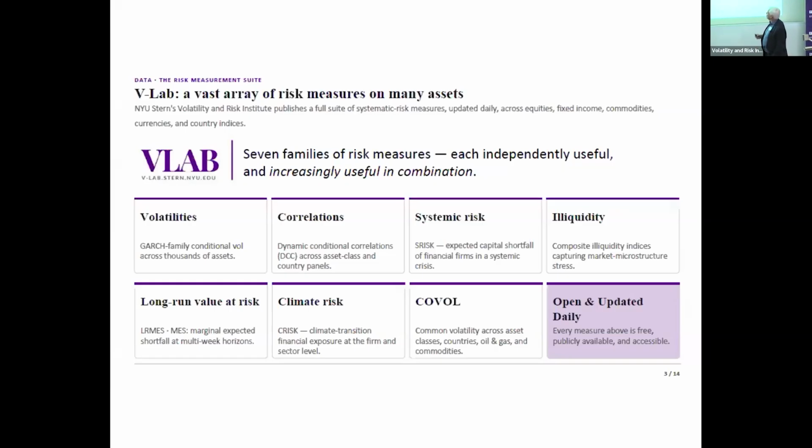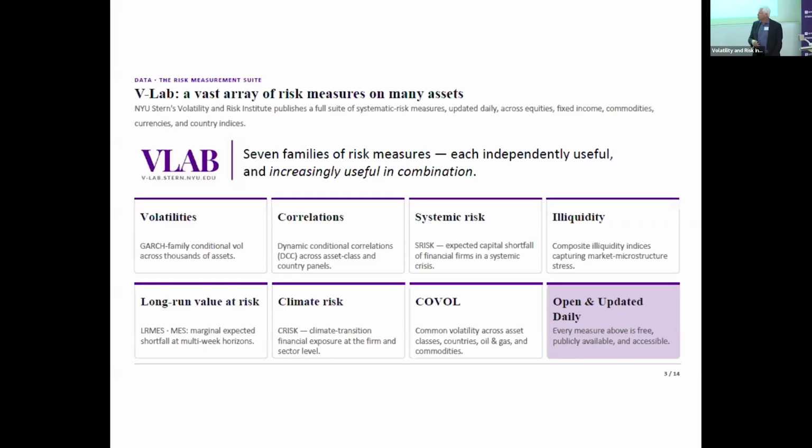So at VLab, at the VRI, we've always been interested in risk, and we keep focusing on the idea that there are many different ways to measure risk in many different places. We've developed studies over the years, conferences over the years, and we've added many of these tools and measurements to VLab.